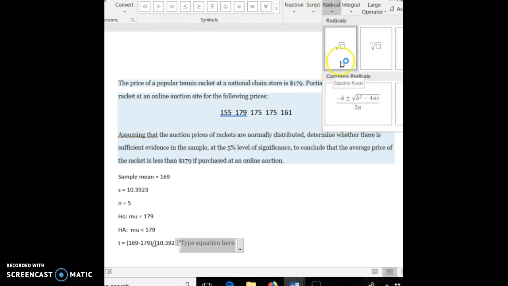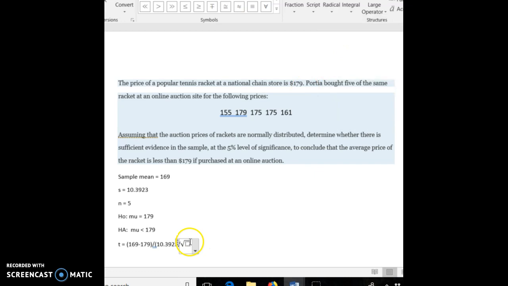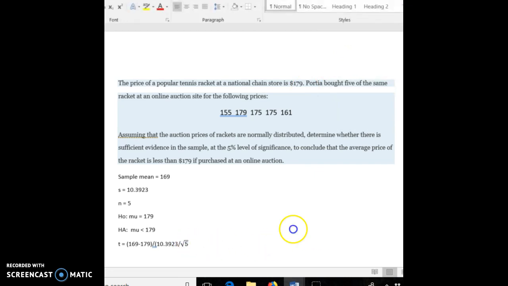And if we put that into our calculator, we get negative 2.152.